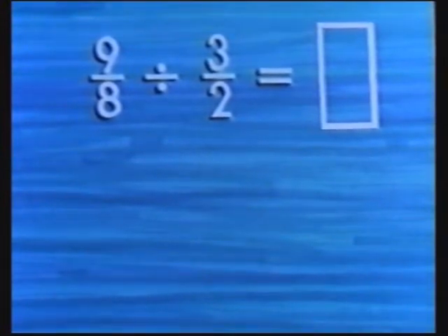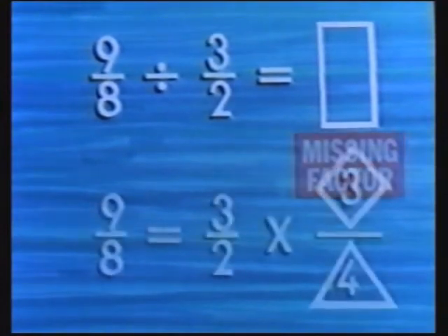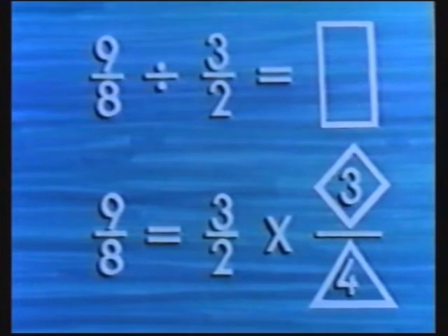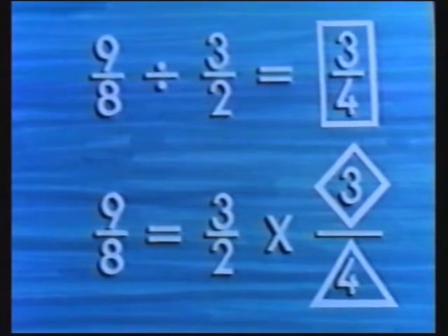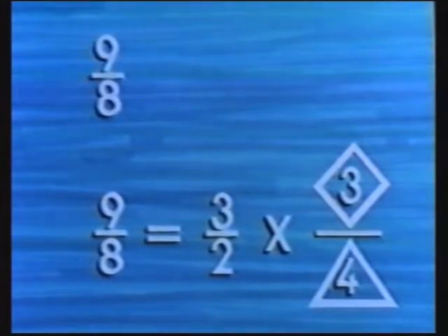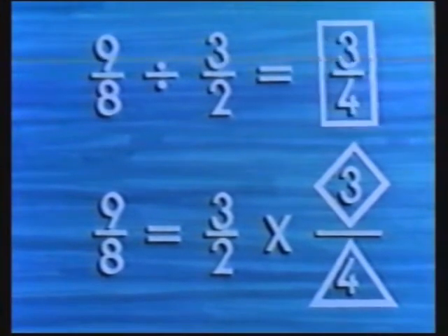We want to find the missing factor. We found it was 3/4, because 3/2 times 3/4 is 9/8. So 9/8 divided by 3/2 equals 3/4.